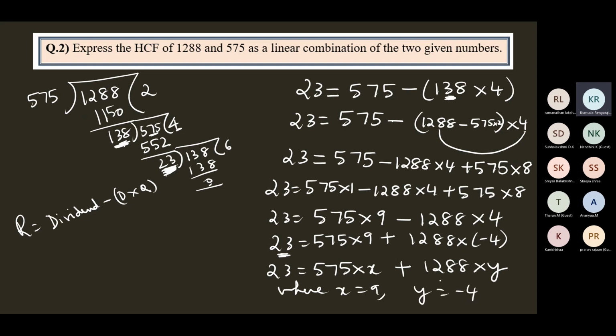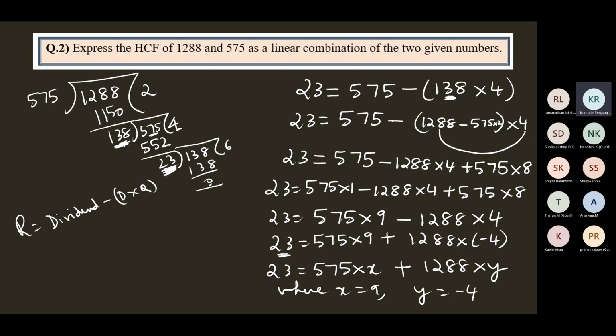So the HCF 23 is equal to 575 into X plus 1288 into Y, which is the linear combination of the given numbers 1288 and 575.